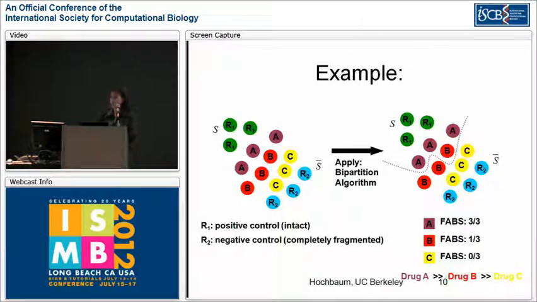So the score is 1, 3 out of 3. For B, 1 out of 3 falls in the desirable set, so the score is 1 out of 3. And for C, none of them fall, so it's 0 out of 3. So the outcome in this particular case will be a sorting that drug A is more effective than drug B, more effective than drug C.